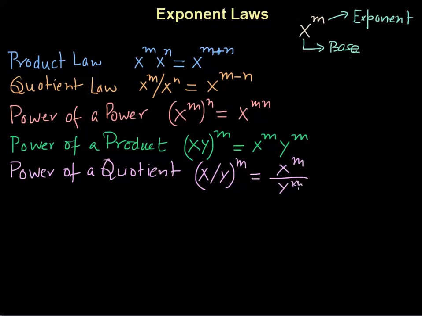But there is an important point to understand, that y to the power m is in the denominator here. The condition is that y should not be equal to 0, because if y becomes 0, the total value becomes infinity. So that's not allowed. So y is not equal to 0.